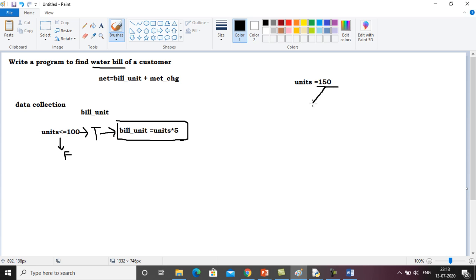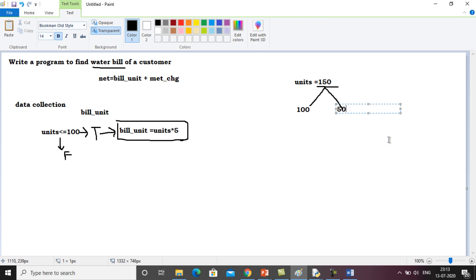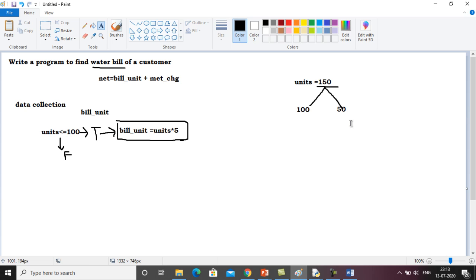Out of these 150 units, the first 100 units are charged at the rate of 5 rupees, and the balance is 50 units. These left 50 units are calculated at the rate of 10 rupees per unit.